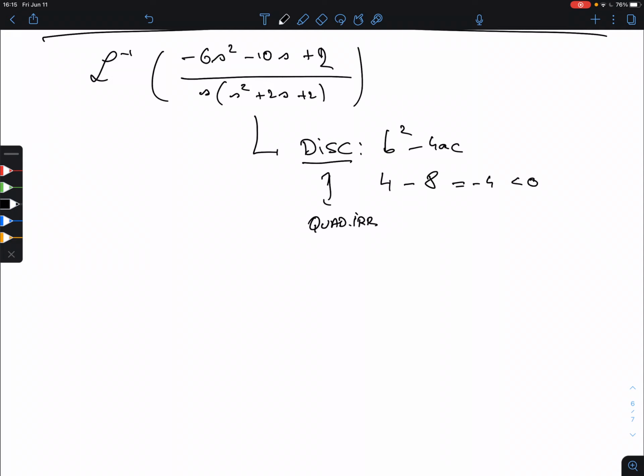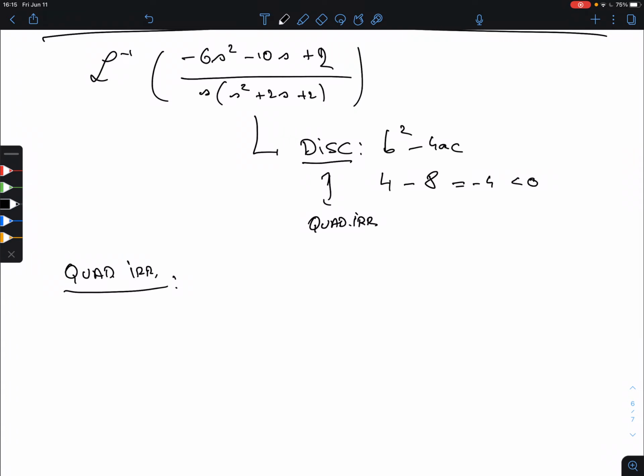So what do we do with that? With a quadratic irreducible, there are 2 stages you can work out. In the book they work the stage immediately, but I'm going to take my time a little bit.